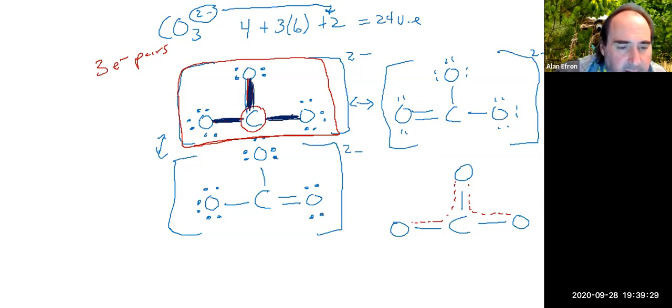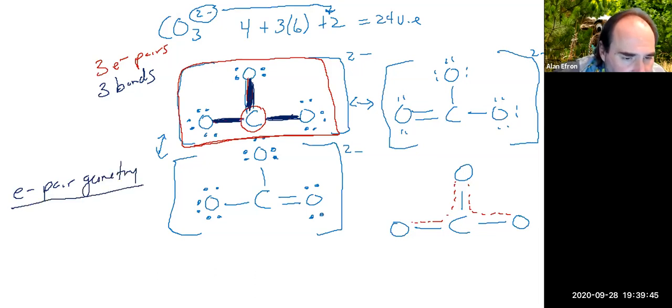Now, we talked about 2 different types of names, but for the exam, you only need to know the molecular geometry name. But we talked about the electron pair geometry, and electron pair geometry is based on how many electron pairs there are, which is 3. So this would be known as trigonal planar.